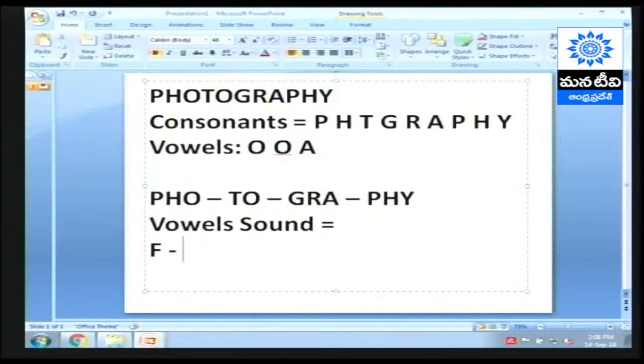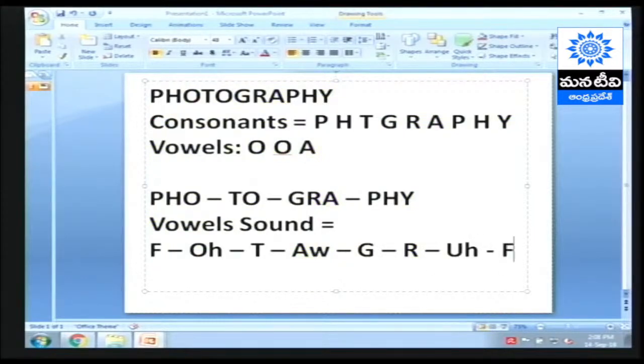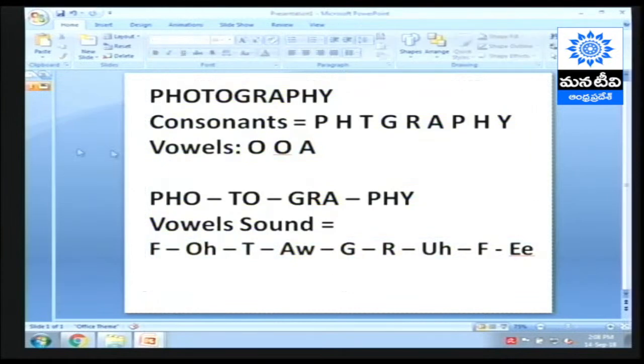It starts with the first sound, pho. It's photo, g, r, a, f, e. It's photography.